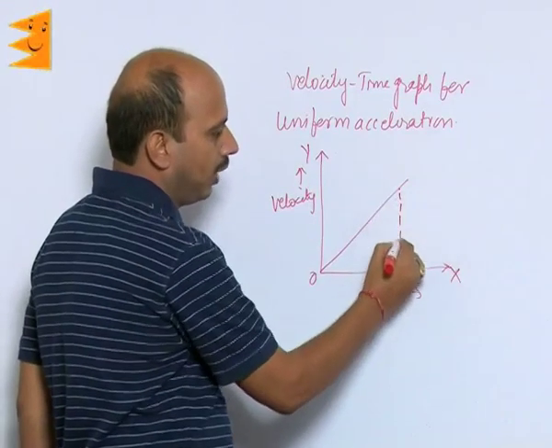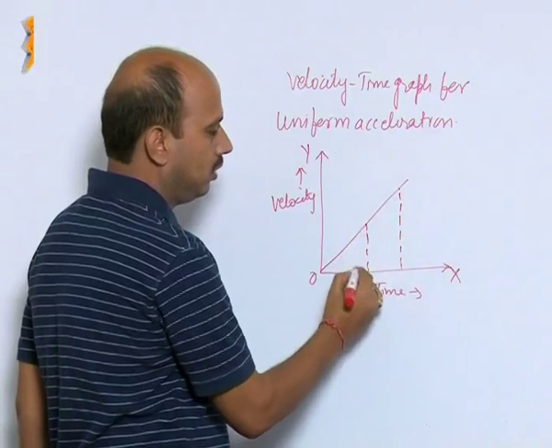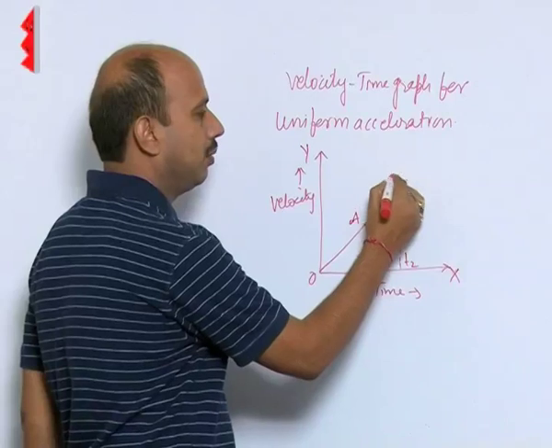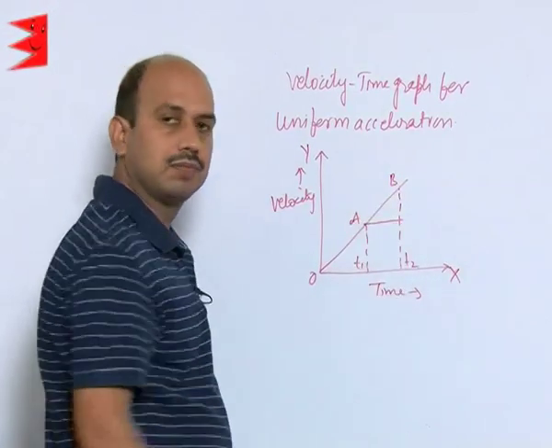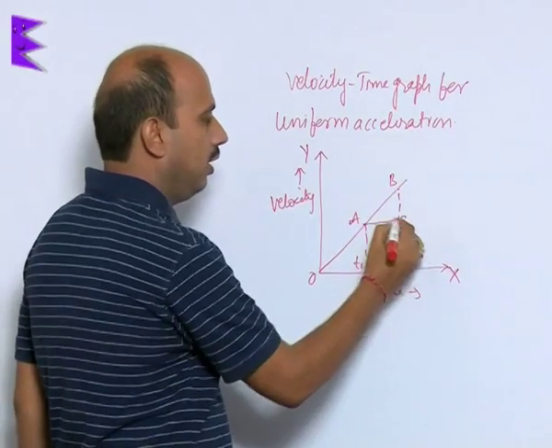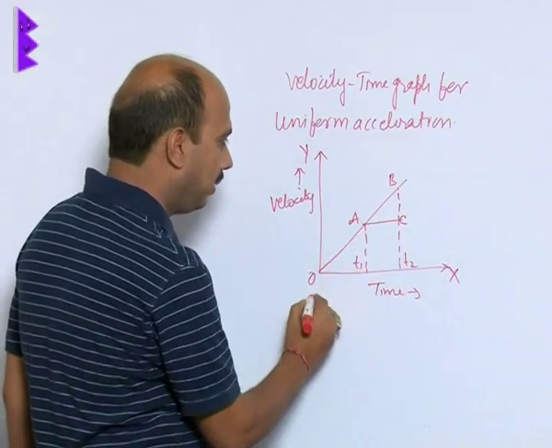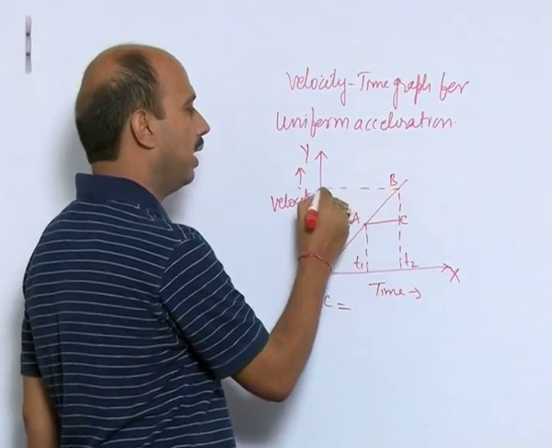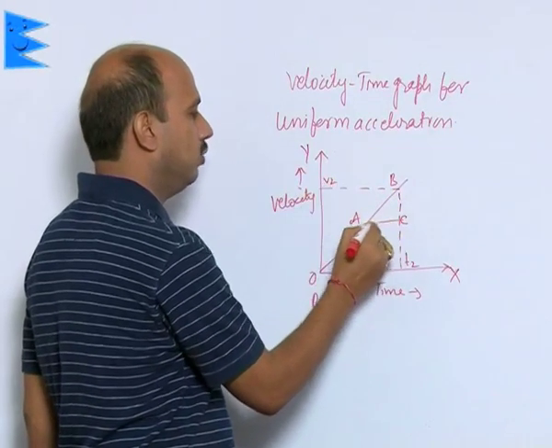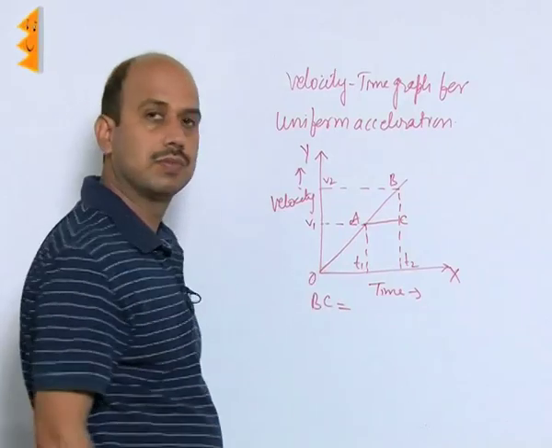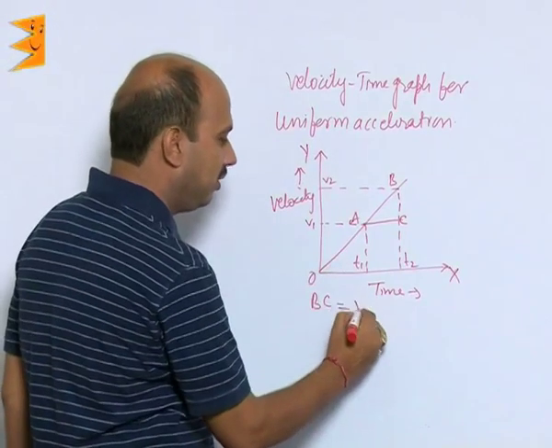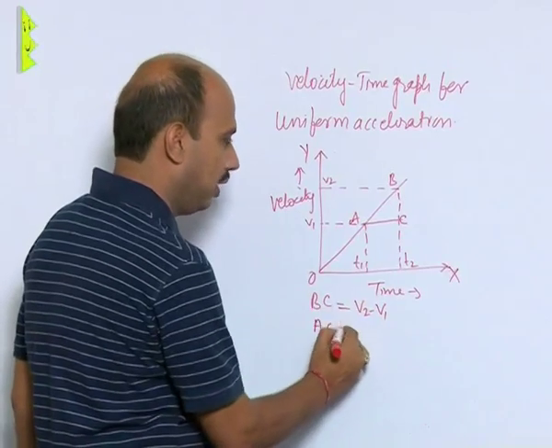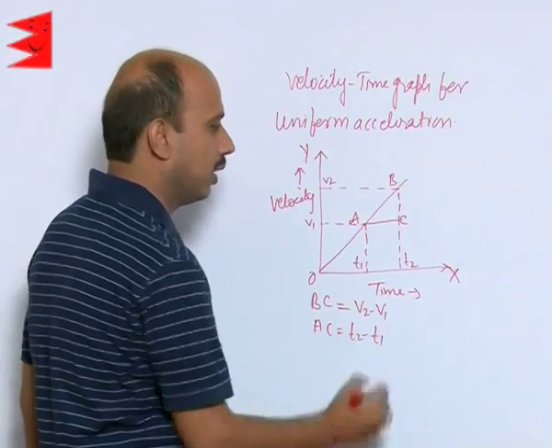Suppose you have taken 2 points, one is here, this time is t1, this time is t2, we can take A and B. Now we join this, this is C. Here we can write BC, this is the velocity axis, so we can take this is V2 and this we can take here V1. So here we can say BC is equal to V2 minus V1 and AC is equal to T2 minus T1.